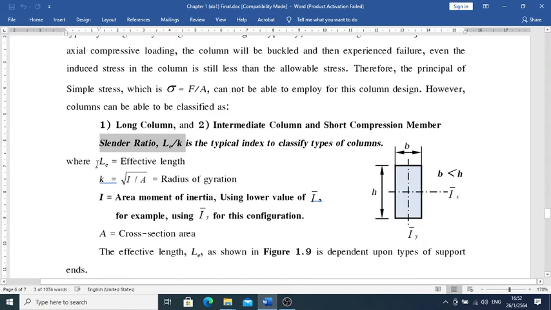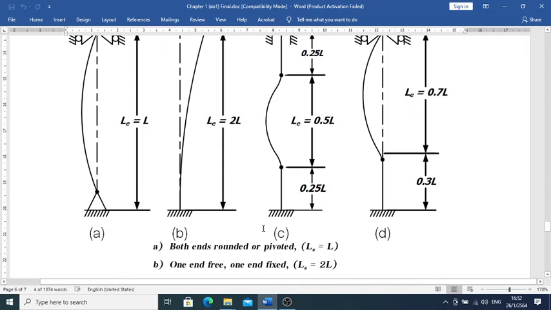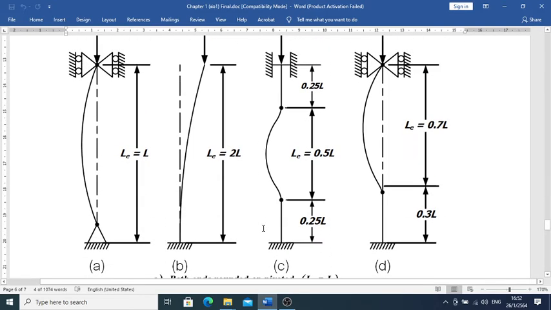So let's see L sub E first. L sub E we call the effective length. The effective length depends on the configuration, okay? The configurations for the types of column are in figure A, B, C, or D, respectively. In figure A, we have a column like that.